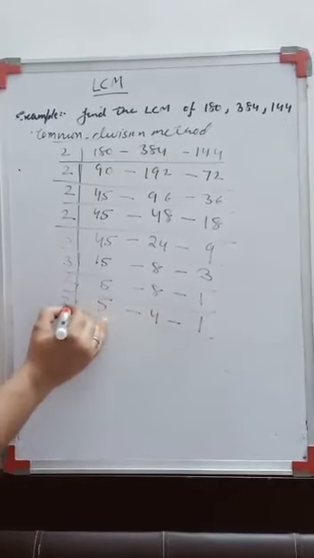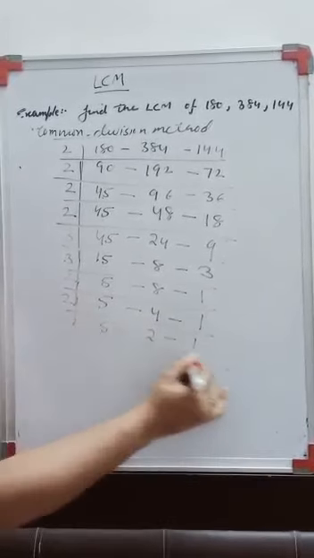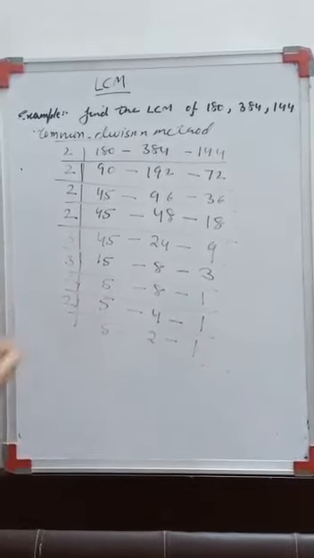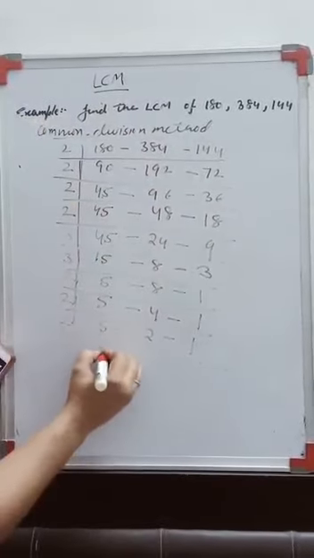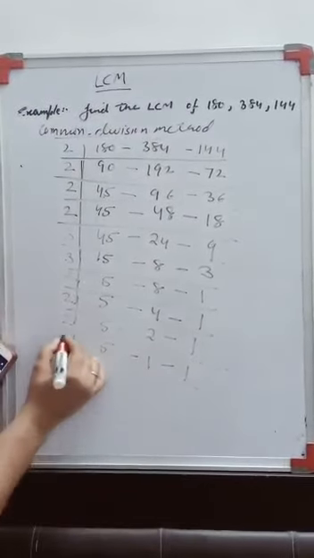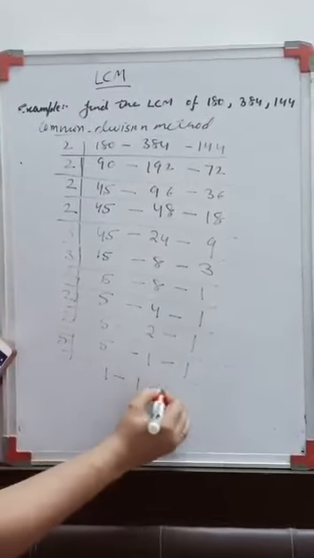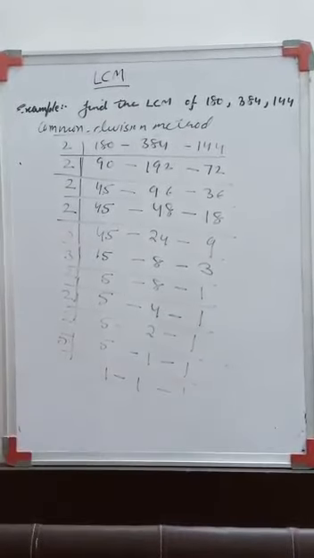Then 2 again, 5, 2, 1. Next is 2, 5, 1, and last it is coming 5 1s are 5. You need to do this till 1 comes over there.